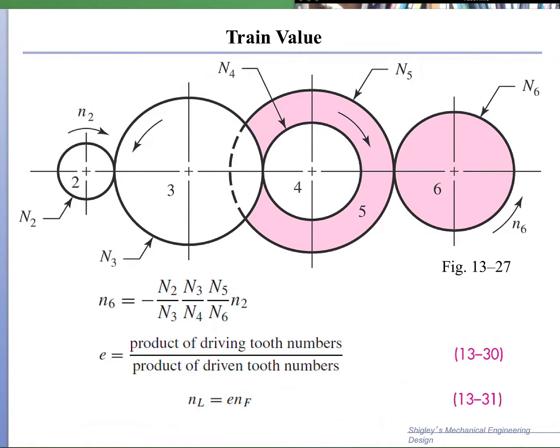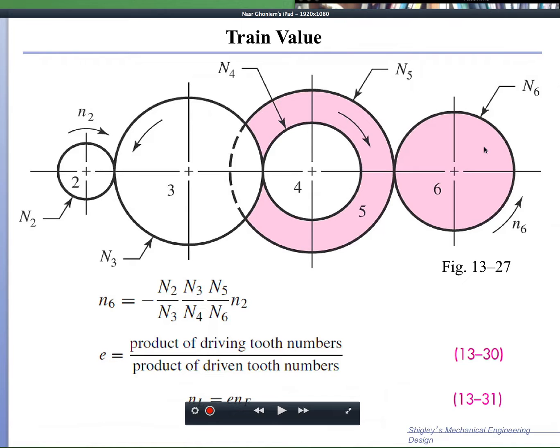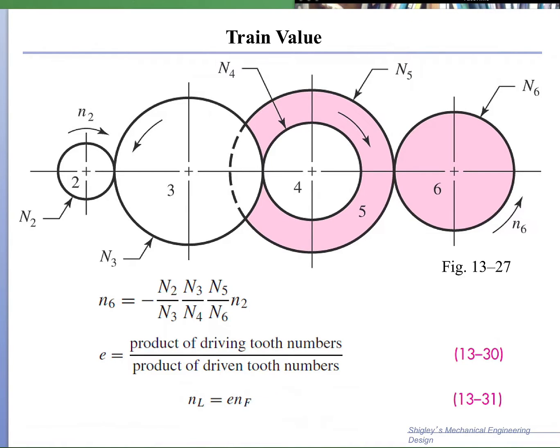So that's consideration 1. If the number of stages is odd, we get reversal of the direction of rotation.